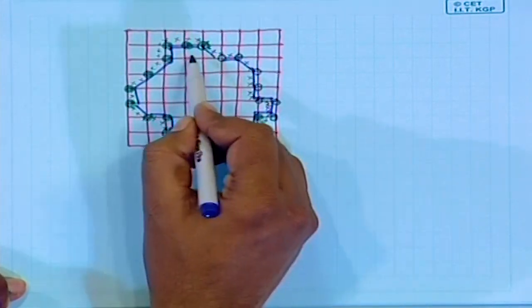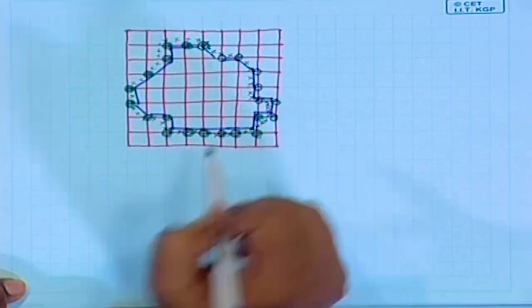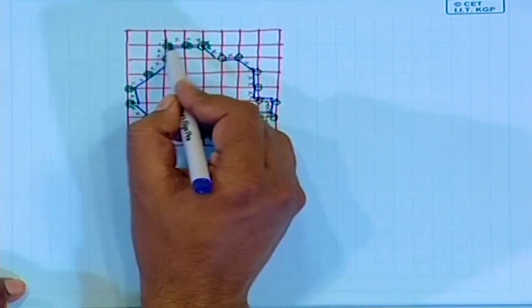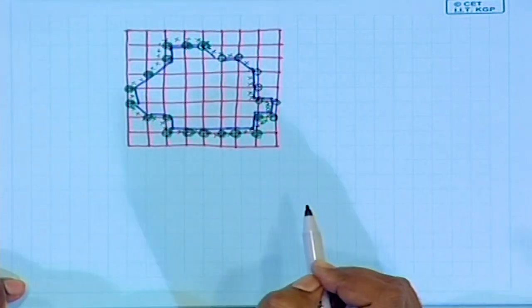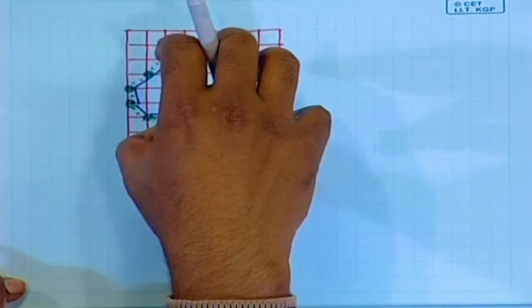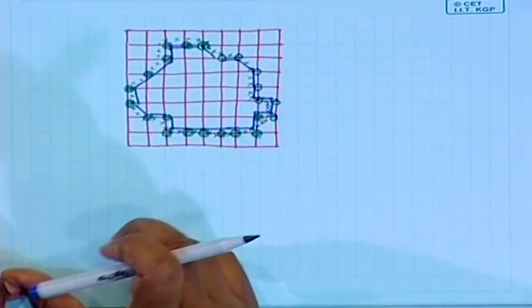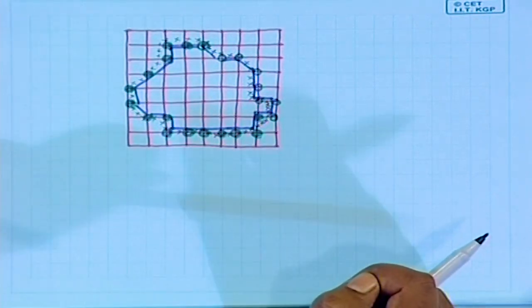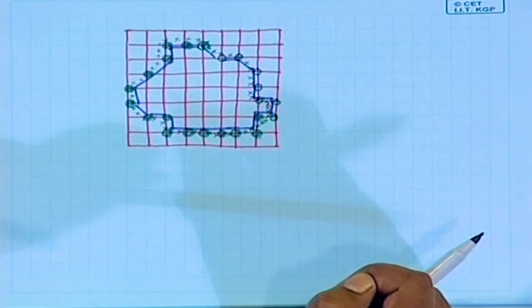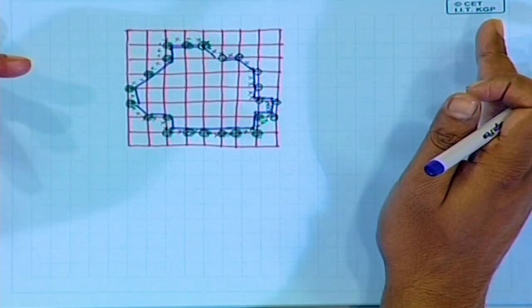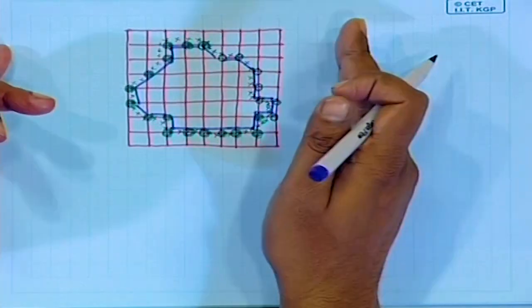Now, if I use this approximate boundary to form the chain code, then to some extent I take care of scaling, because I have represented the same boundary by fewer line segments. If I increase the spacing of these grids, the number of line segments in my chain code will be smaller.